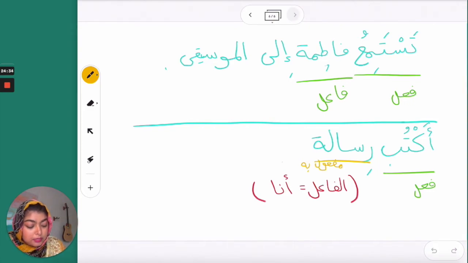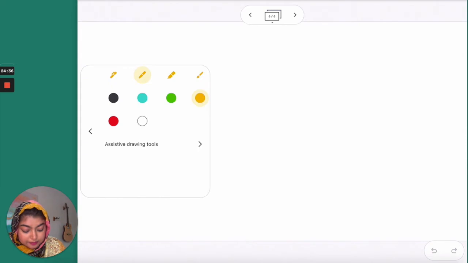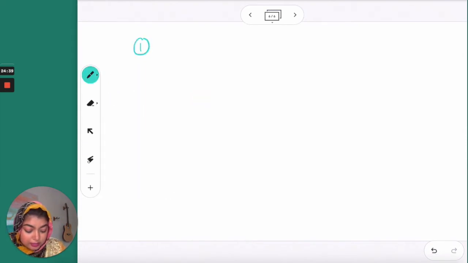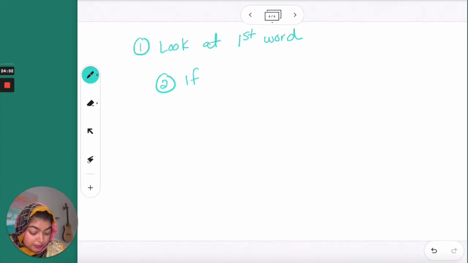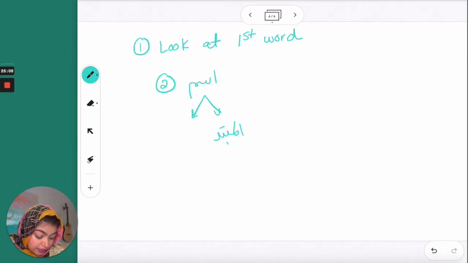Okay. So the rule of thumb is this. You first look at the sentence. Look at the first word. If it's a noun, then you have to find المبتدأ and الخبر.